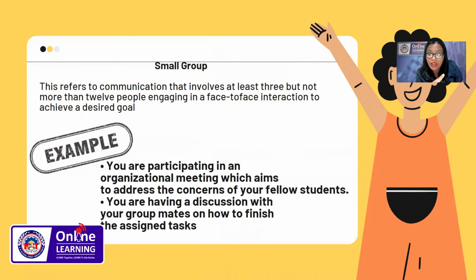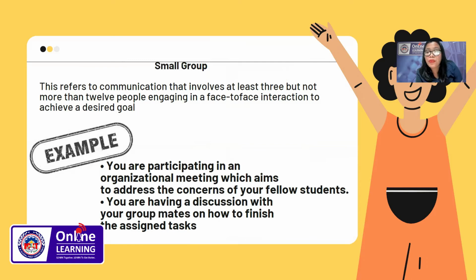Next, after the dyad communication, we also have the small group. Small group involves at least three people, but not exceeding 12. This is engaging in face-to-face interaction to achieve one goal.